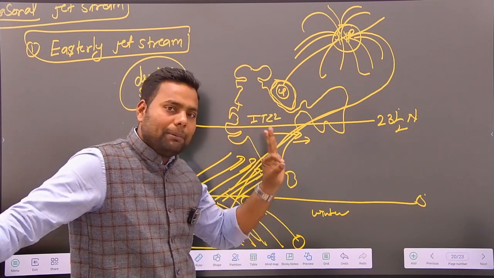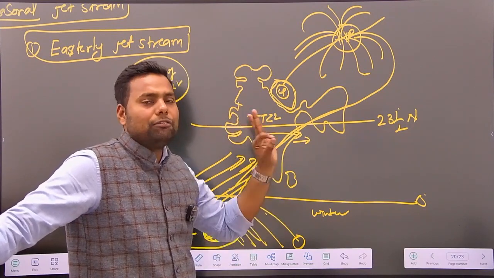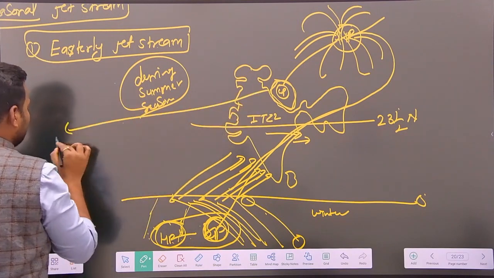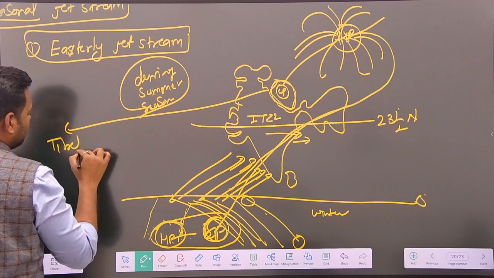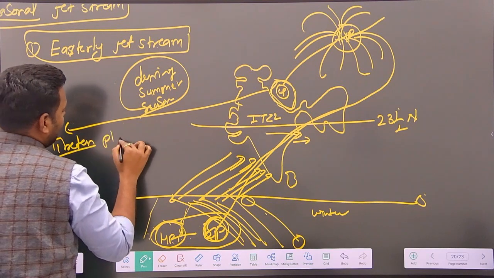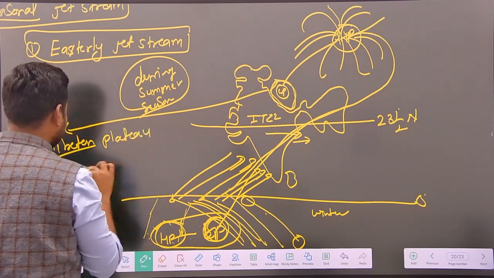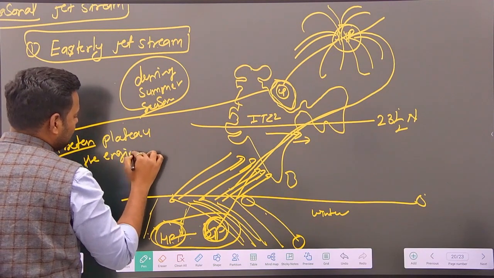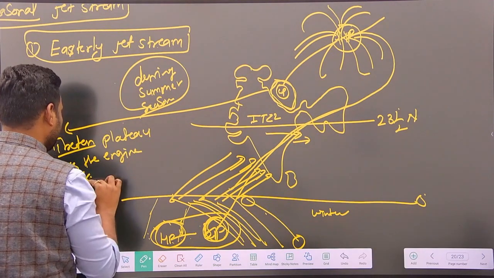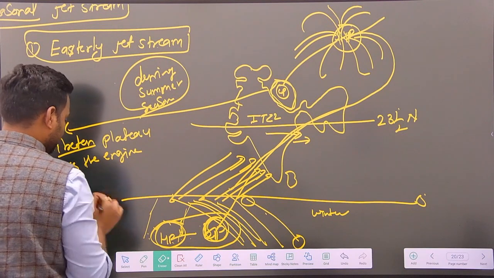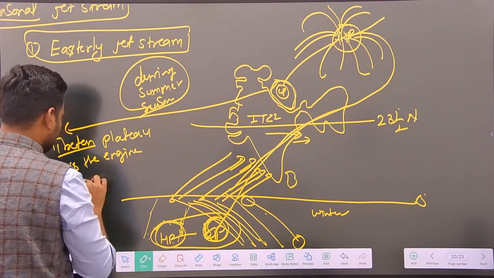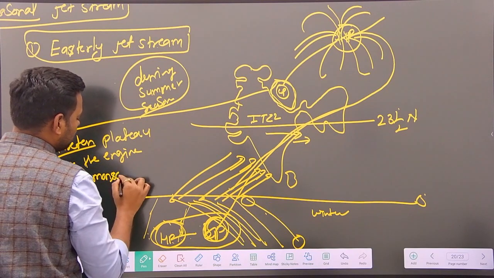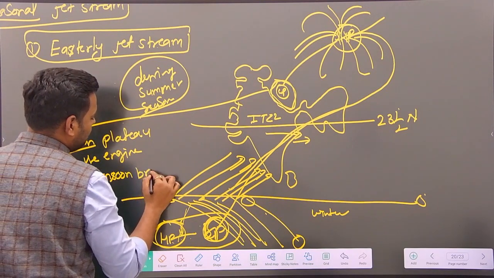The Tibetan Plateau is an engine for the Indian monsoon burst. Tibetan Plateau is the engine for monsoon burst.